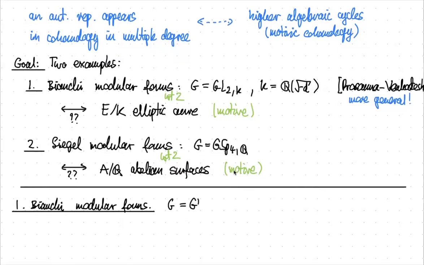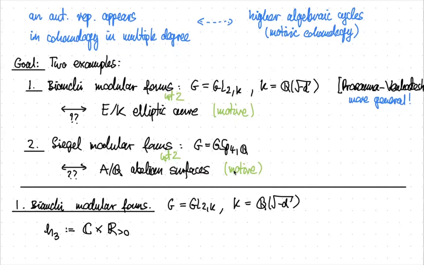Okay, so we're considering GL2 over K, where K is an imaginary quadratic field. Modular forms are functions on the upper half plane that satisfy some transformation properties. Bianchi modular forms will live on something with bigger dimension, namely hyperbolic 3-space.